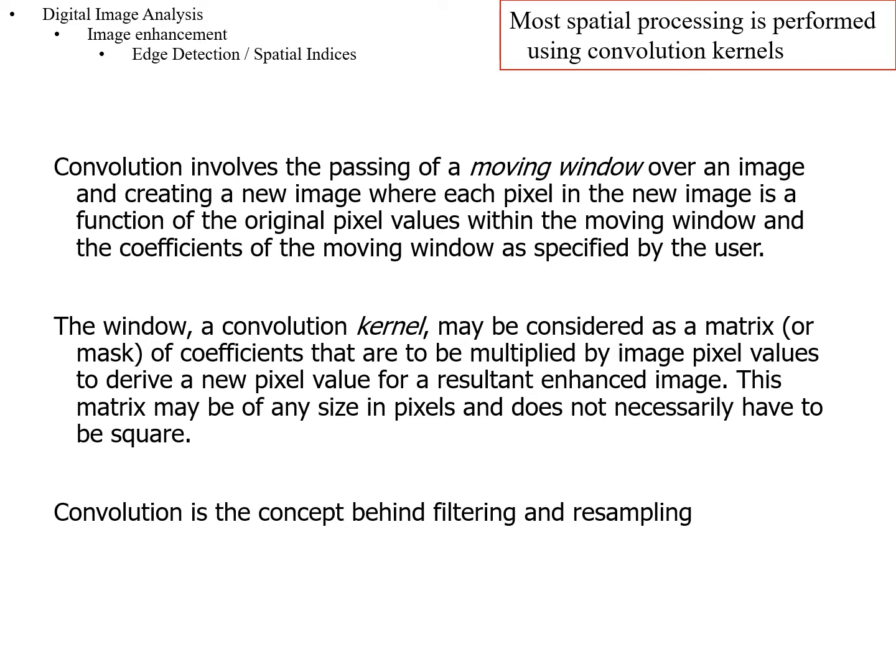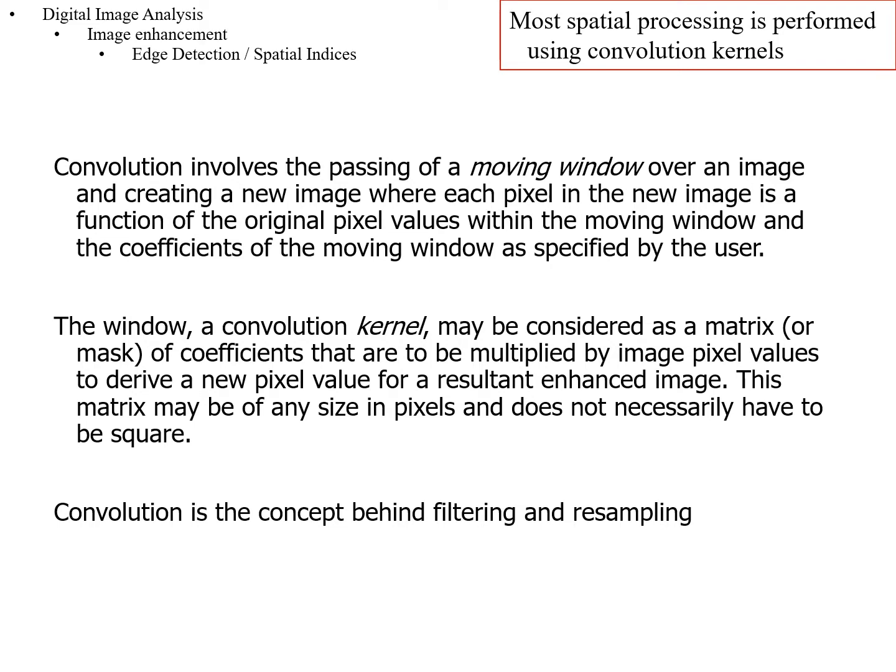I'll have a figure in a second, it'll make more sense. We're going to pass that window over the image, and we're going to create a new image where each pixel in the new image is a function of the original pixel values and the values or coefficients in the moving window. And that's specified by the user.